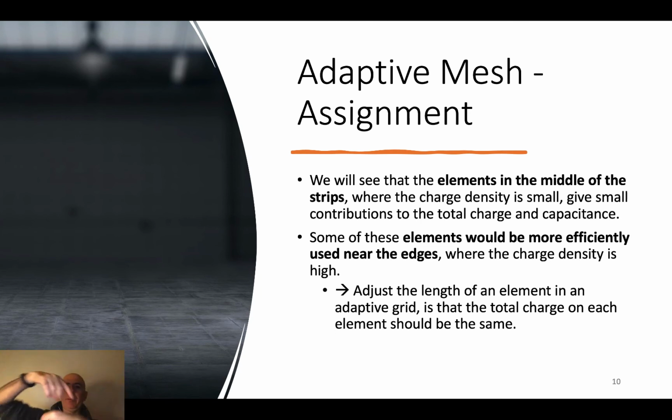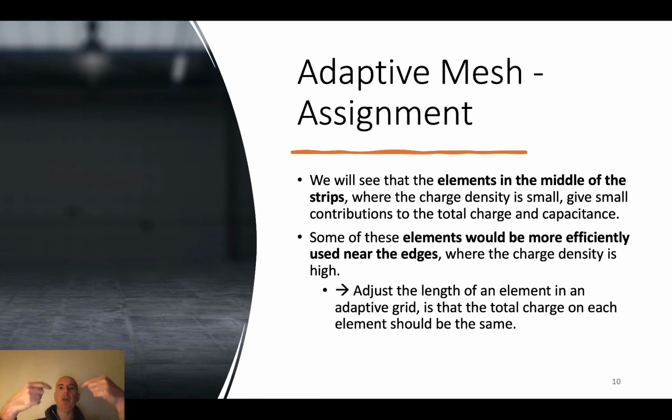So most of the charge will be at the edge of the capacitor. So an error at the edge will result in an overall big error of the method, while the error in the middle will count very little because the contribution is very small. So we can do this in a smart way, and we can realize that some of these elements would be more efficiently used near the edges.